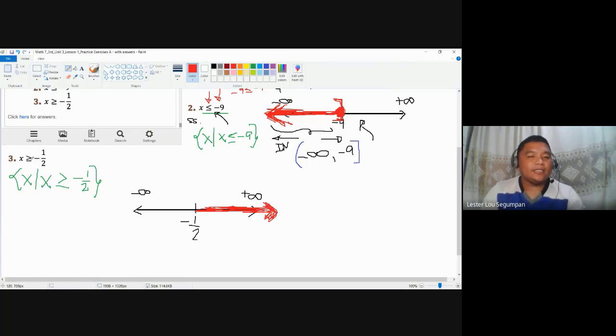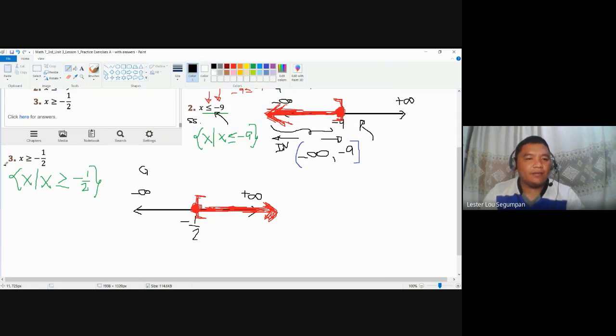Then, is negative 1 half included? You might again substitute if you want to, but just simply look at the symbol. Since it has equality, that means negative 1 half is included. So close it and put a bracket in this form. Finally, this is our graph.